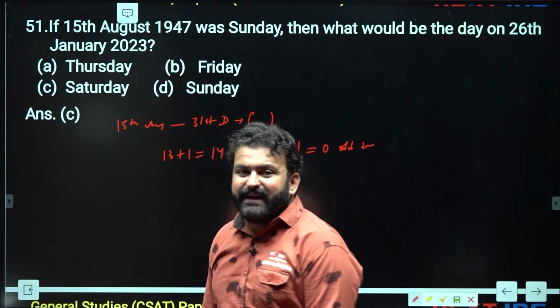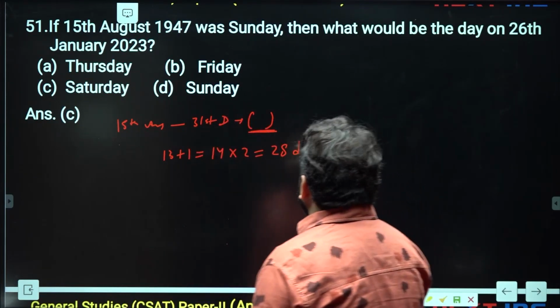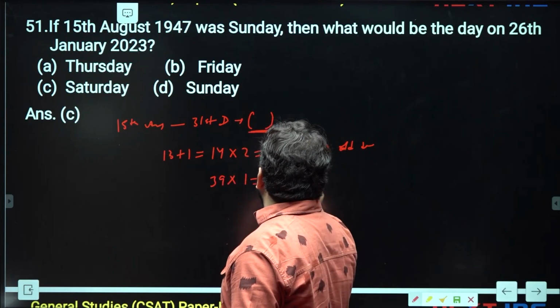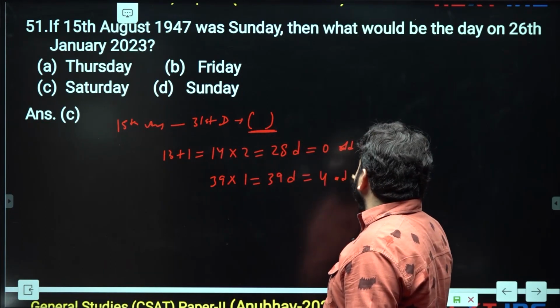And then how many years are remaining now? 39 years. In 39 years, we get 39 into 1, that is 39 odd days. In these 39 odd days, we finally get 4 odd days.